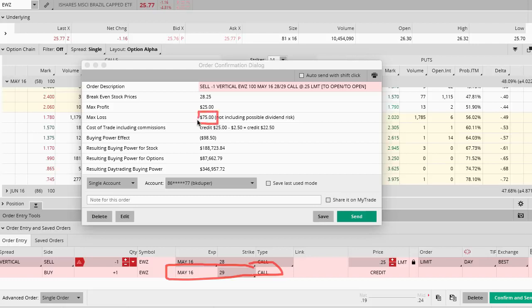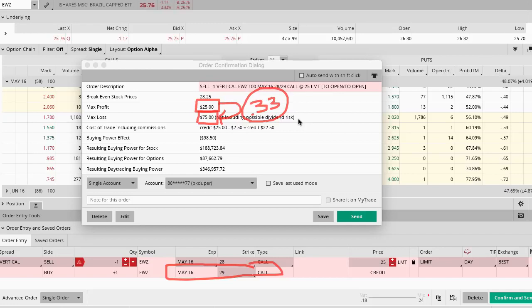And that limits our risk to just, I'm sorry, $75 for this particular trade. Based on the profit that we make and the risk that we have, we're still making that 33% ROI. It's kind of interesting: it's still the same ROI as the short call option, and has virtually the same break-even point as the short call option.